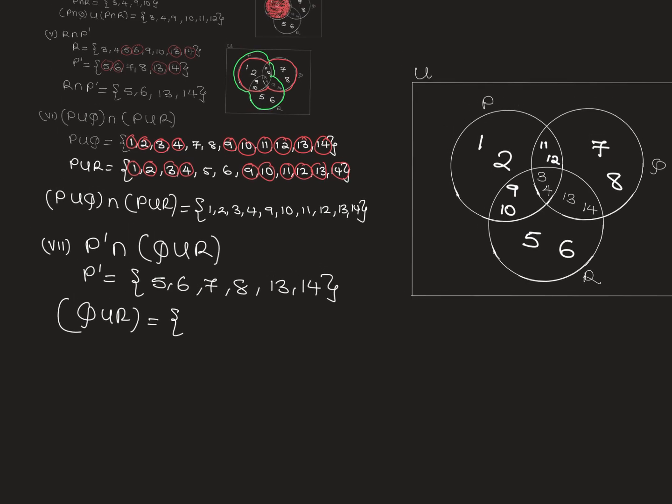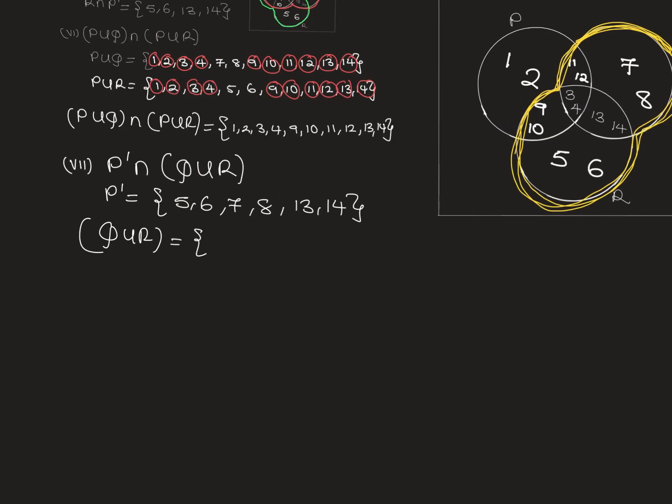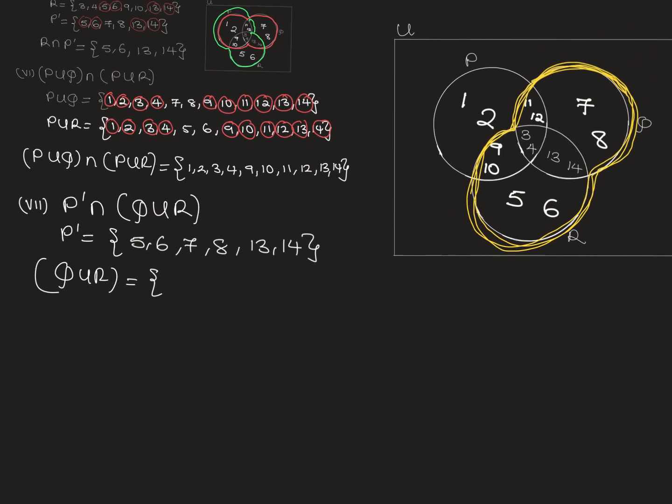So we want to find Q union R. Q union R, that is unite set R and Q. Okay, so this is Q union R. What are the members that we have for Q union R?